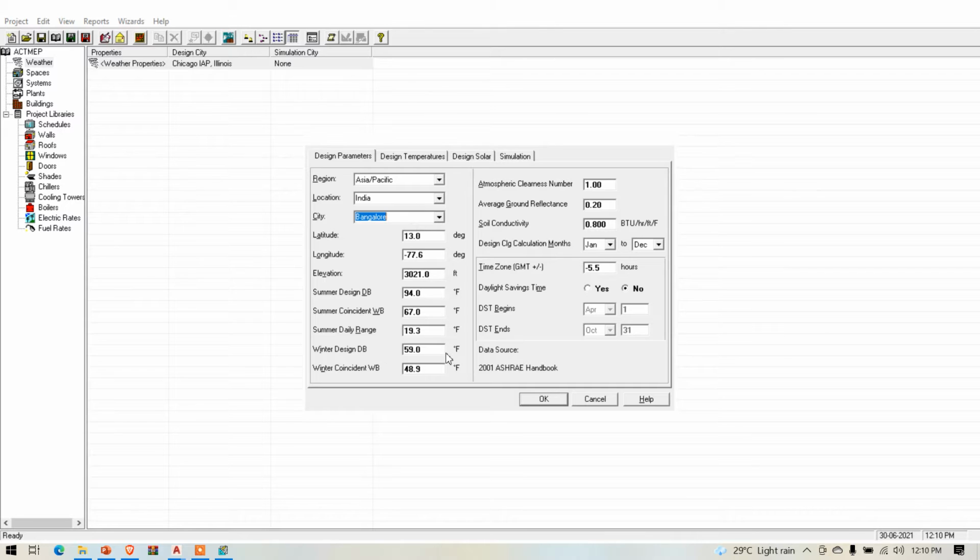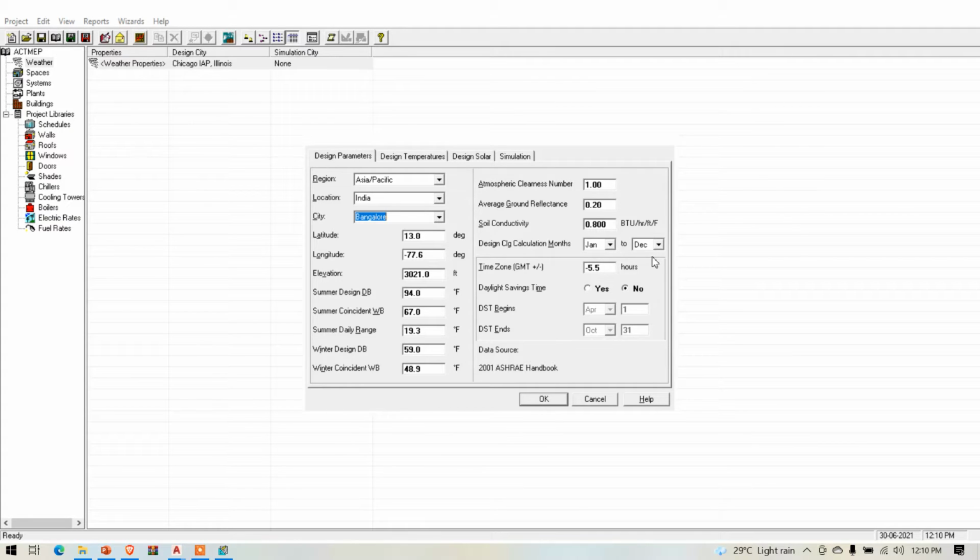So this software is going to consider the values, and normally we consider the entire year average values we get from the ASHRAE handbook. But while using the software, it is going to calculate the cooling calculation months, for the entire year from January till December.